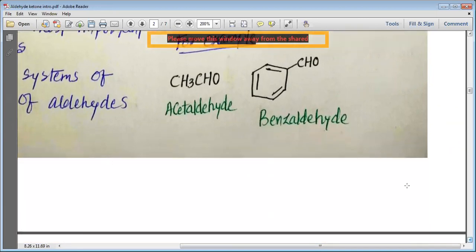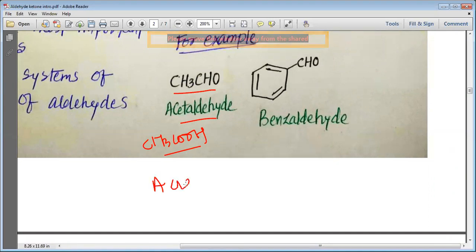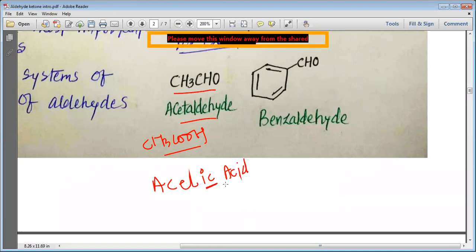So now let's look at this. This compound is acetaldehyde because we have acetic acid, CH3COOH. For two carbons we use the word acetic acid, so this is known as acetaldehyde. Now if I write the name, my dear students, acetic acid, you can see the "ic" and "acid" are removed and the word aldehyde is added.